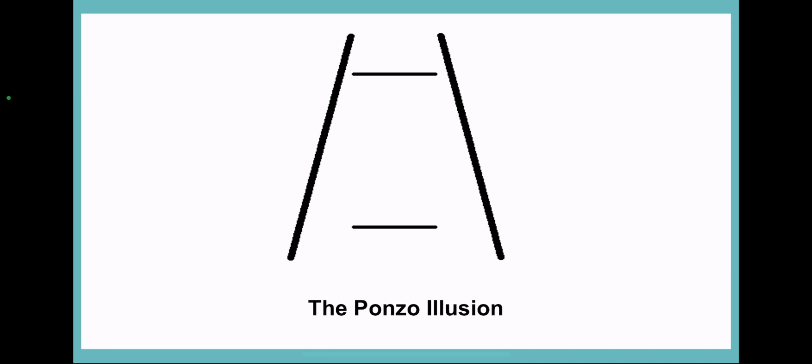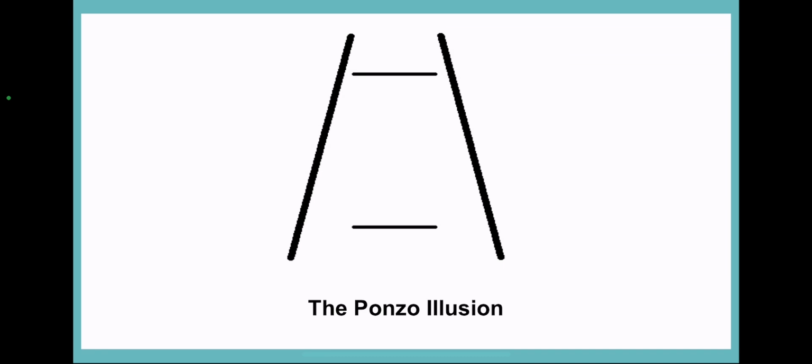Second illusion that you need to know for the exam is the Ponzo illusion. This is the idea that our brain gets tricked into thinking that the top line is longer than the bottom line. So this will be a misinterpreted depth cue illusion because we're being tricked by the linear perspective either side of it. It looks like the train tracks or a road going off into the distance.